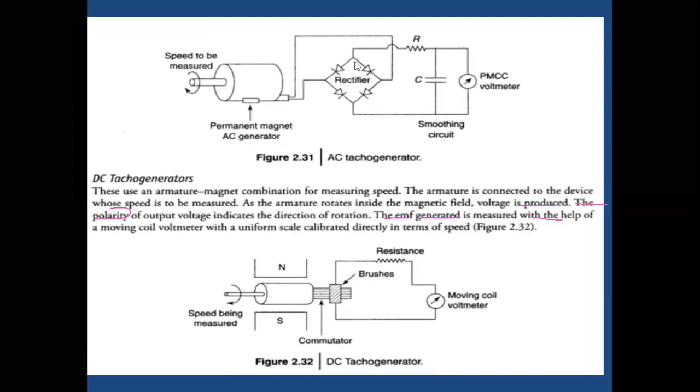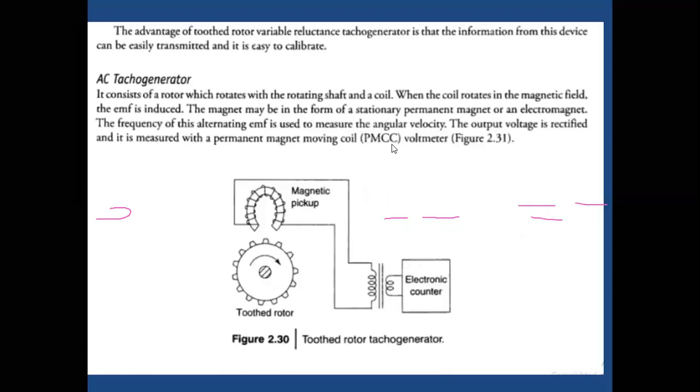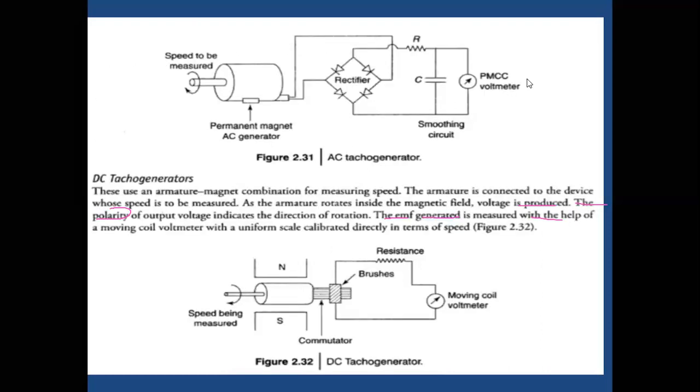Which is connected to some reluctance or resistance, and the PMMC, permanent magnet moving coil voltmeter. The smoothing circuit is nothing but the way the circuit is connected.